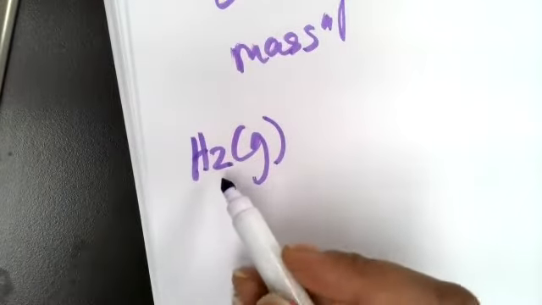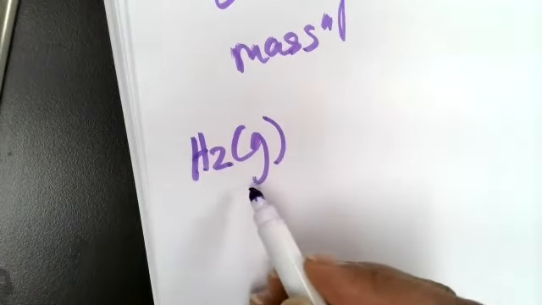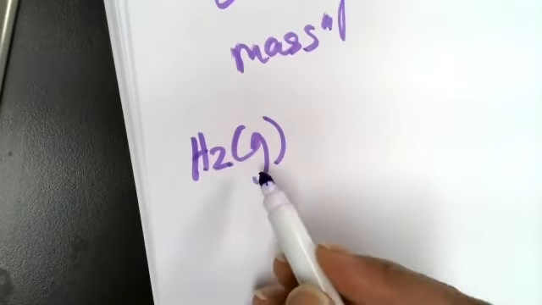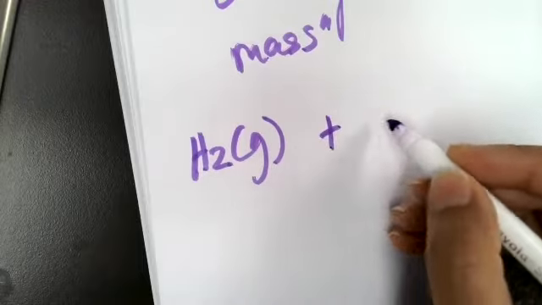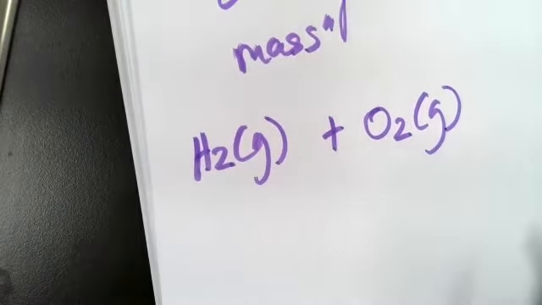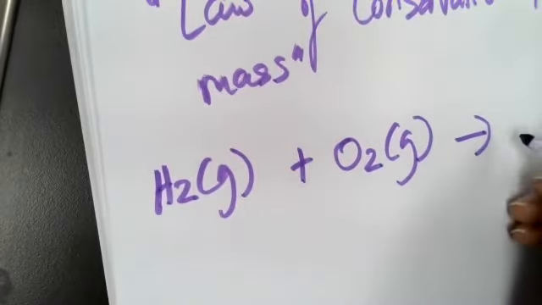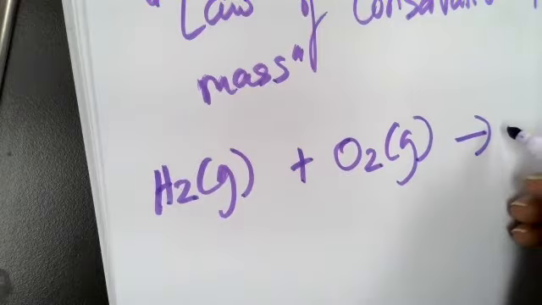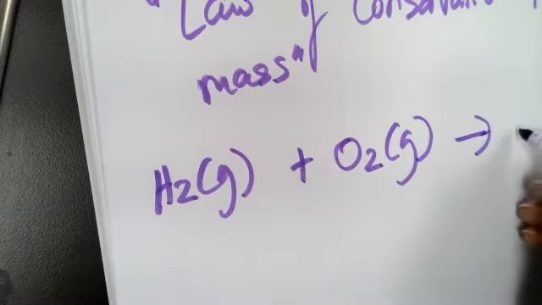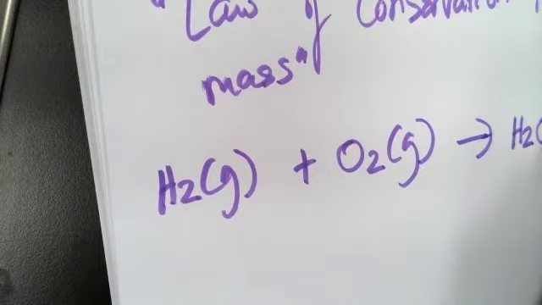The reason I write H2 is that hydrogen naturally exists as a diatomic molecule. With that, I get oxygen, which is also a diatomic molecule. And when they combine together, they form something we know as dihydrogen monoxide, or good old water, right?